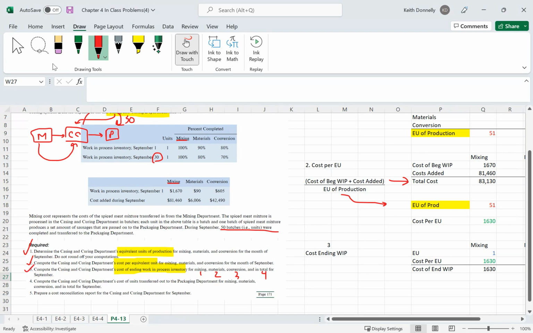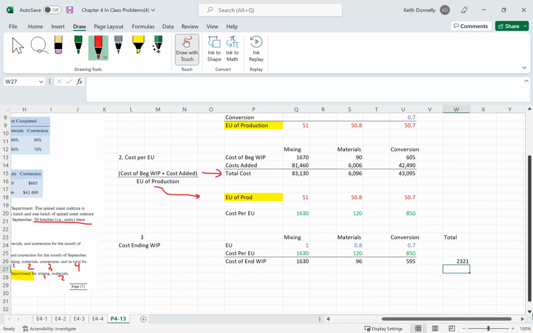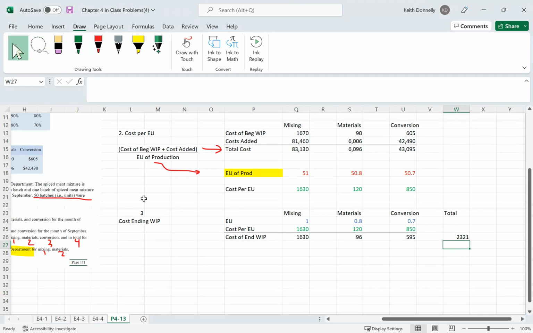Let's look at 4. For 4, they said compute the casing and curing department's cost of units transferred out to the packaging department for mixing, materials, conversion, and in total. Okay, we can do this, not a big deal.